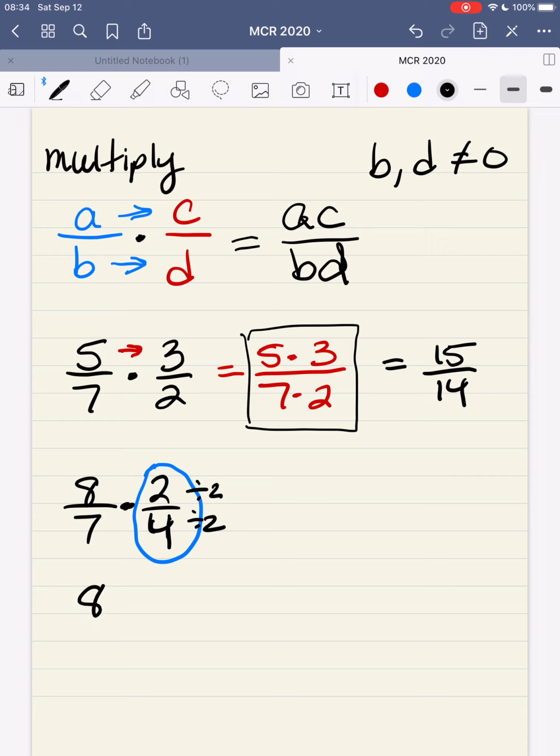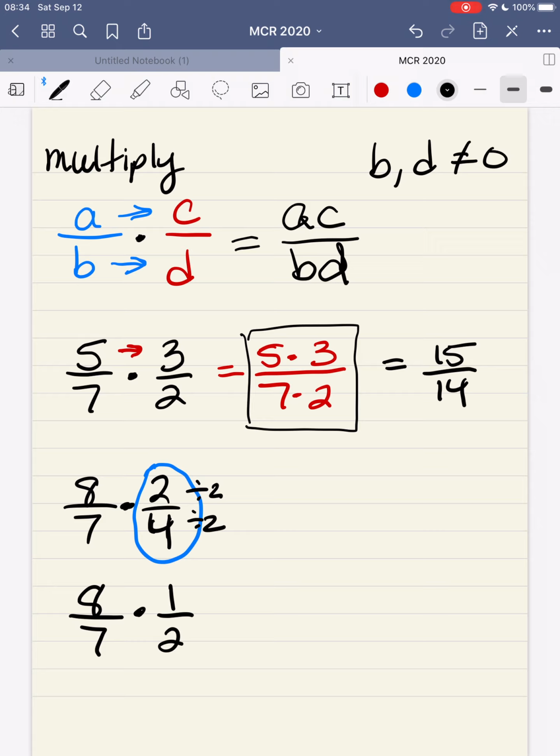My 8 over 7, however, has to stay. So if I take my 2 over 4, divide top and bottom by 2, my numerator becomes 1, my denominator becomes 2. All right, and I'm totally allowed to do that.